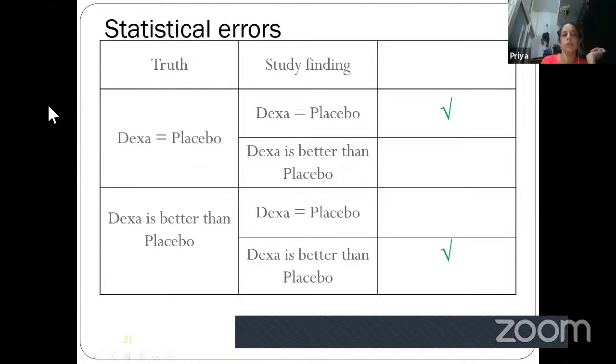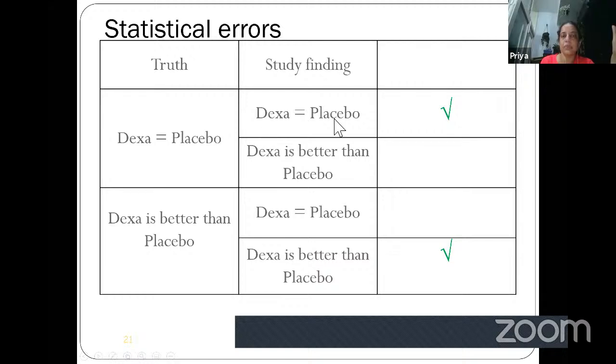Okay, so the column on the extreme left is the universal truth, right? Which means in reality, there are two possibilities. Either dexa is equal to placebo, or dexa is better than placebo. Or I'm sorry, this should have been reworded as different from placebo. My mistake, right? Study finding, there are two possibilities.